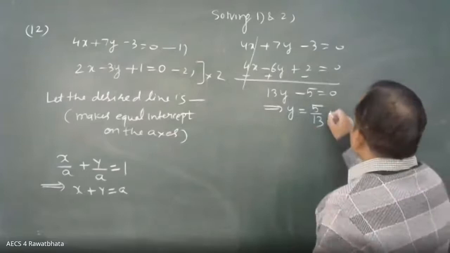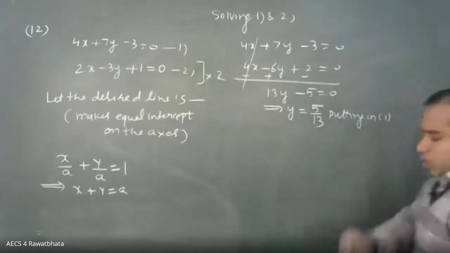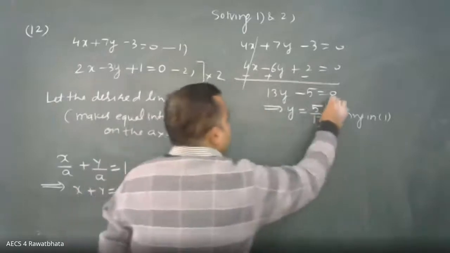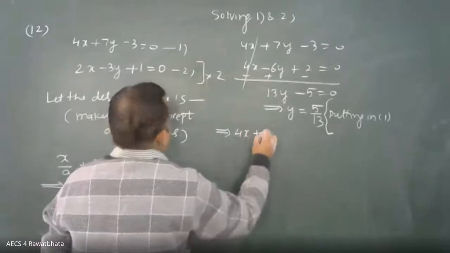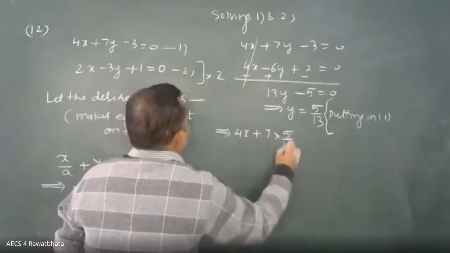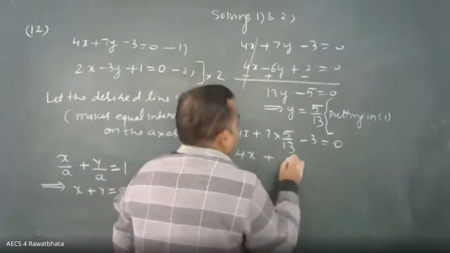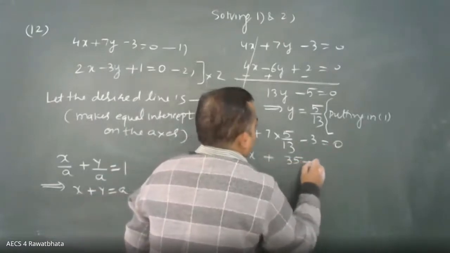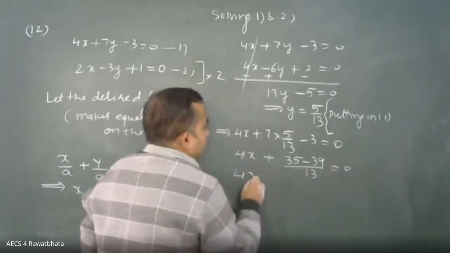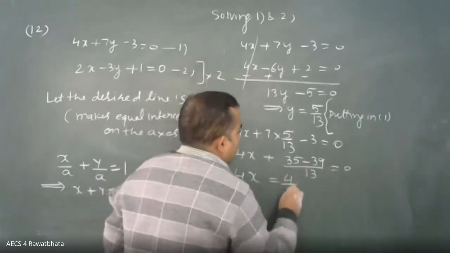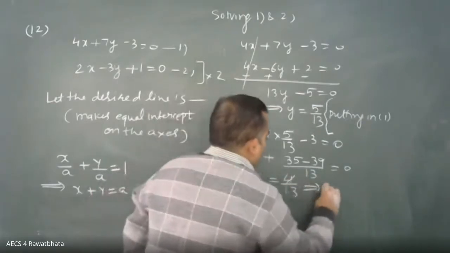And if I put it in 1, this will become 4x plus 7 into the y value minus 3 equal to 0. 4x plus 35 minus 39 whole upon 13 equals 0. 4x equal to 4 upon 13, right? 4, 4 get cancelled. x equal to 1 upon 13.